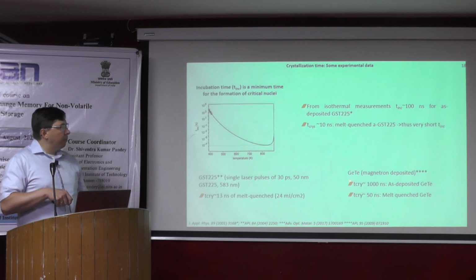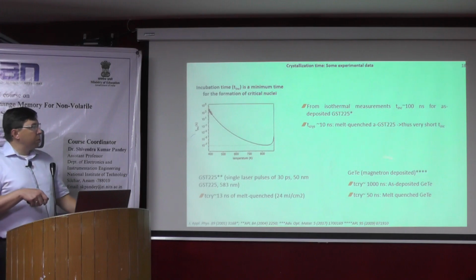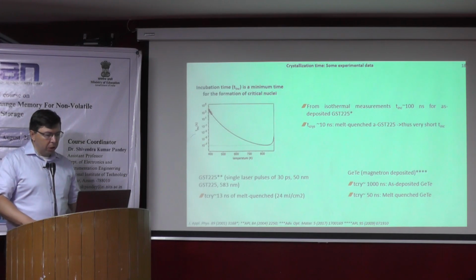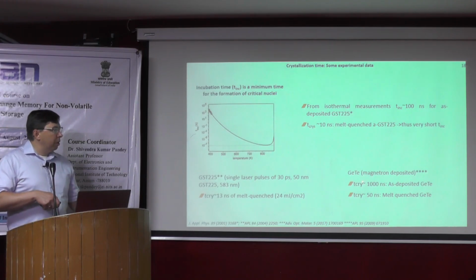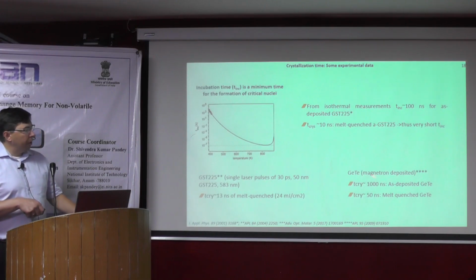Also for magnetron-sputtered germanium telluride, there are some values which can be related to incubation time. So indirectly, the crystallization time of as-deposited GeTe is like 1000 nanoseconds, but of melt-quenched this is 50 nanoseconds. So you see a huge difference in the crystallization time, and this is because of the shorter incubation time.